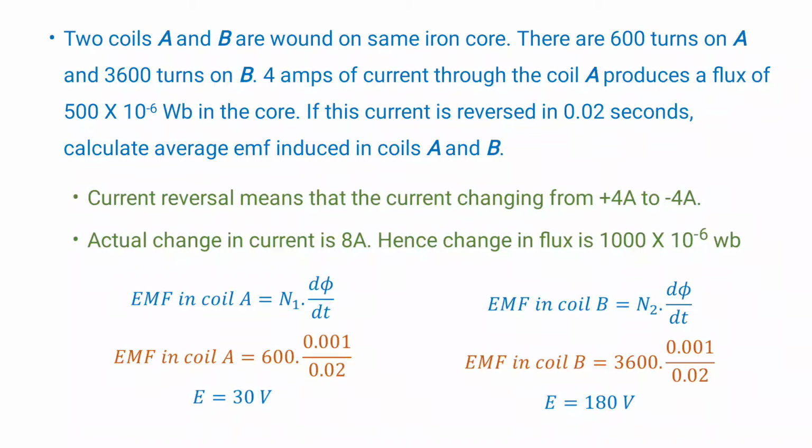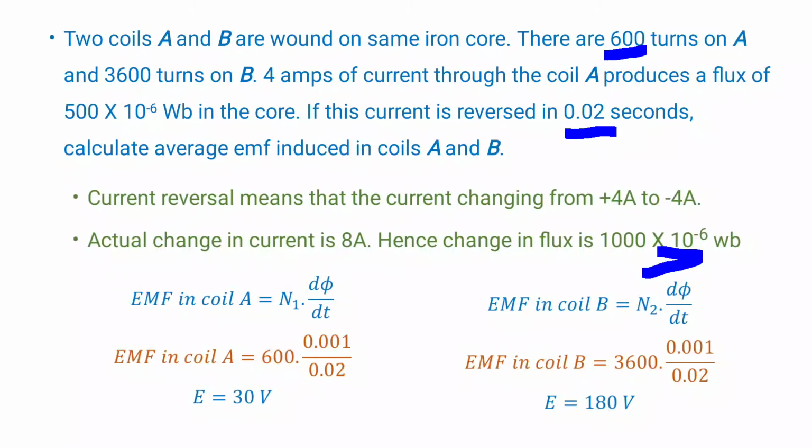Now substitute in the EMF equation and find the EMF for coil A and coil B. The EMF in coil A is equal to N1 into d phi by dt. d phi is equal to 0.001, N1 is 600, and dt is the change in time, that is 0.02 seconds.